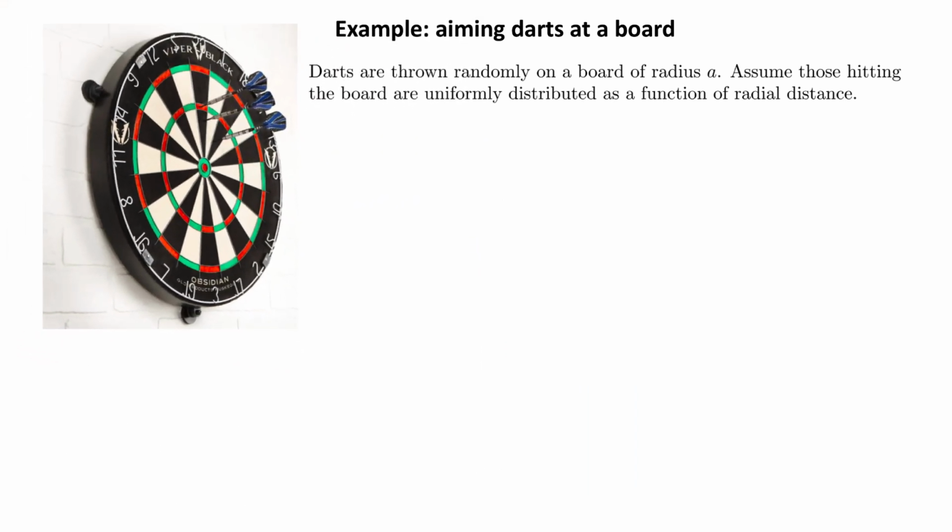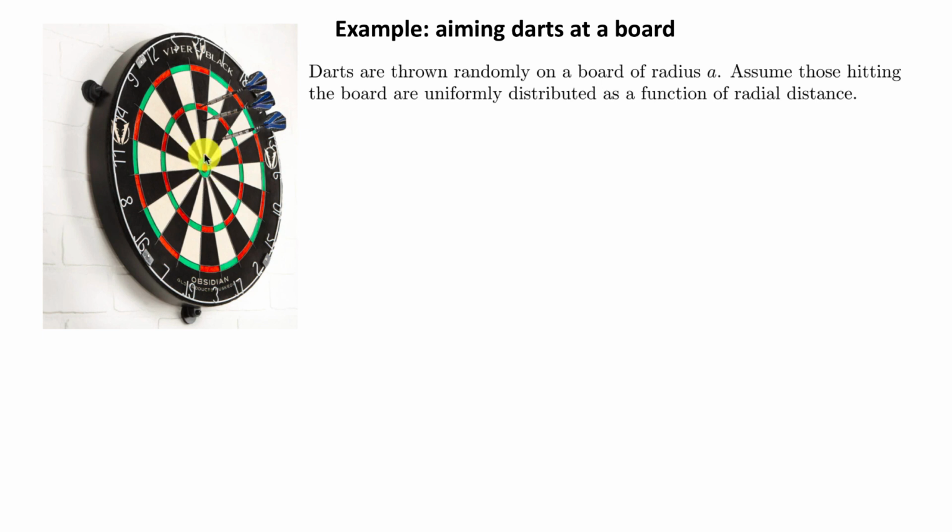Let's now take a less trivial example of a joint probability distribution function. We are aiming darts at a board, as shown over here, and these are thrown randomly on this board which has radius a. Let's assume that those hitting the board are uniformly distributed as a function of radial distance.